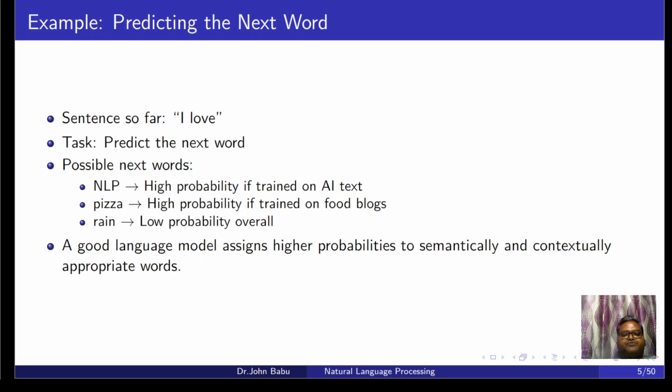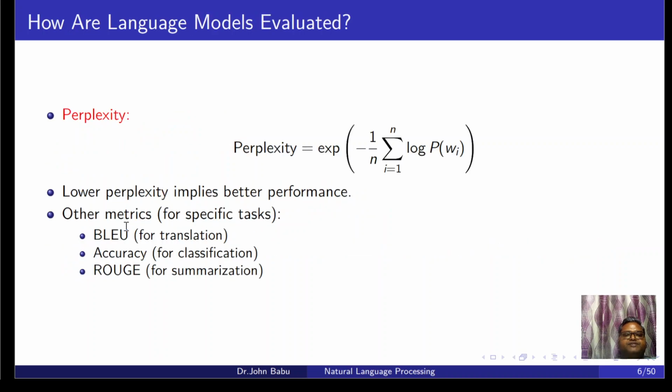And if it is trained on food blogs, the next predictable word is pizza, or otherwise rain, which has low probability. A good language model will assign higher probabilities to semantically and contextually appropriate words. Here NLP and pizza will have high probability, and rain will have low probability. This is how it will be predicted.